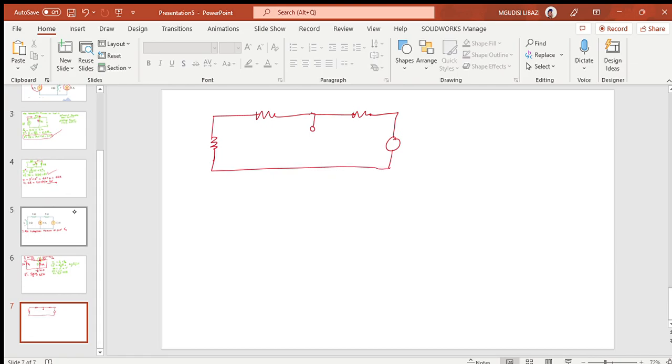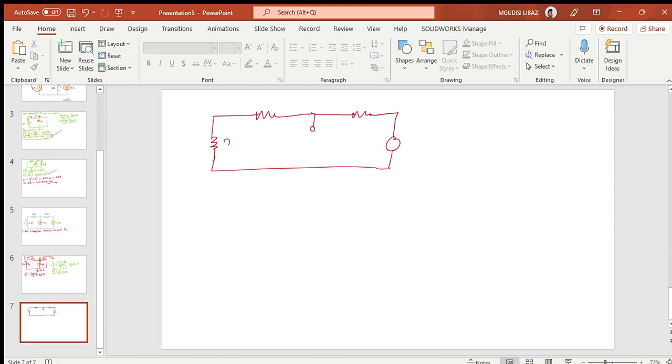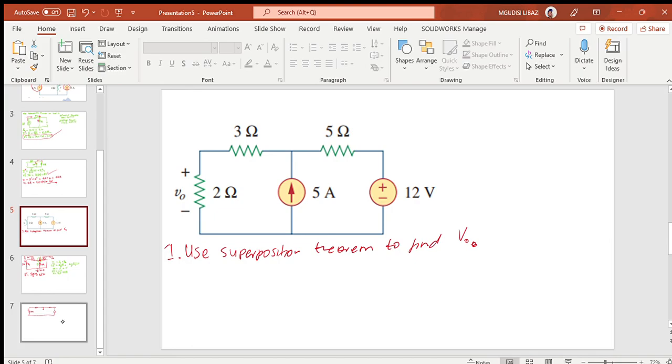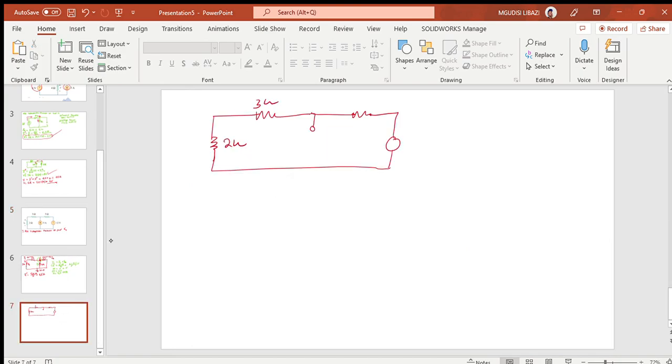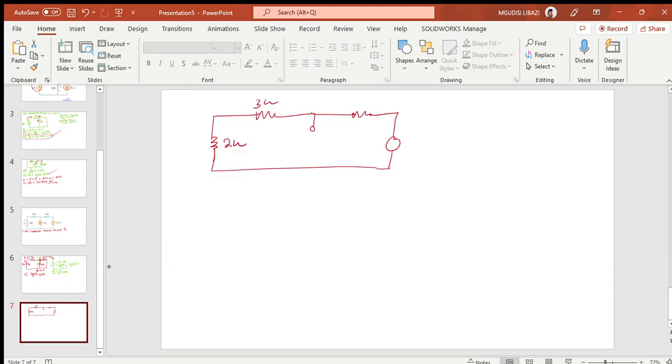This is the circuit that we have, and I can see that here we have 2 ohms, and above we have 3 ohms, and then we have 5 ohms again here.